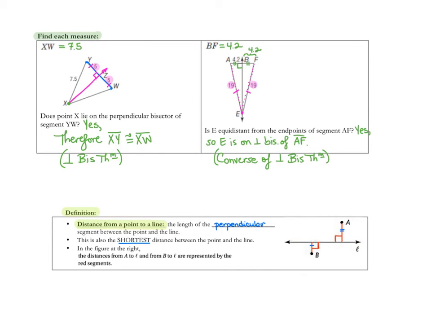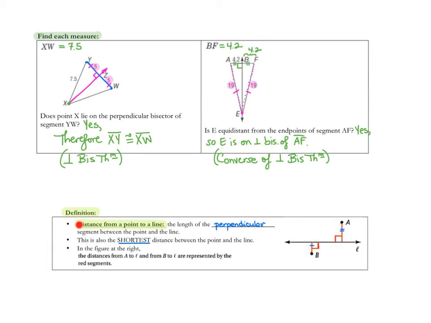If I asked you how far away you're standing from this wall, you wouldn't tell me however far that is. You would figure out the shortest distance, which is, again, the perpendicular distance from that point to the line.